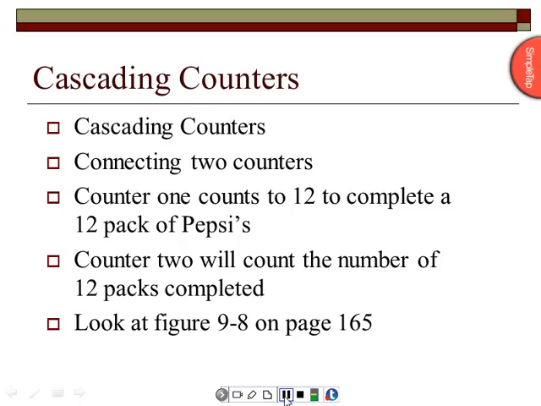Alright. So this lab is very much like this example right here. The lab says that we are going to automate filling a pallet. I do not want hands touching any of these. So they're going to fill them up.